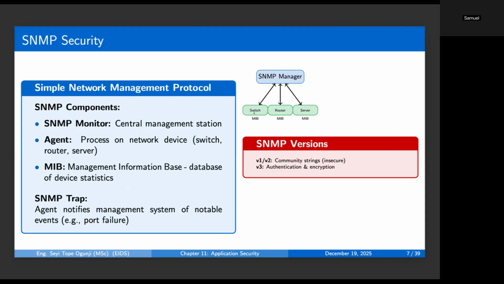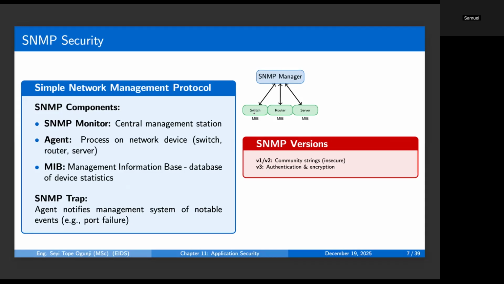So we have some versions of SNMP. Version 1 and version 2 are old and insecure. They use community strings, which means just normal strings, non-protected, and basically anyone can see and know them. So that is the problem with version 1 and version 2.